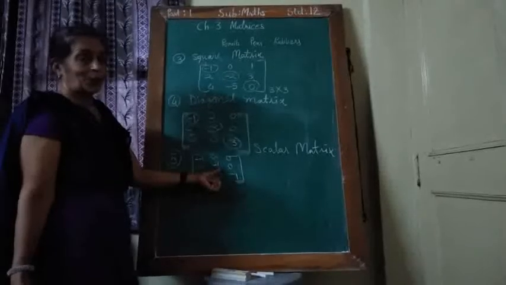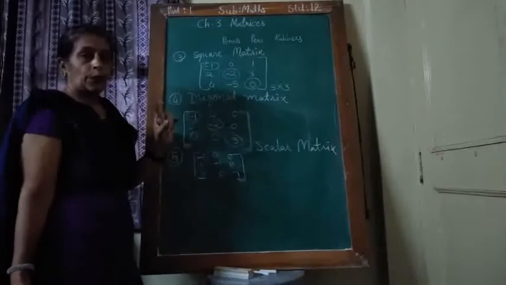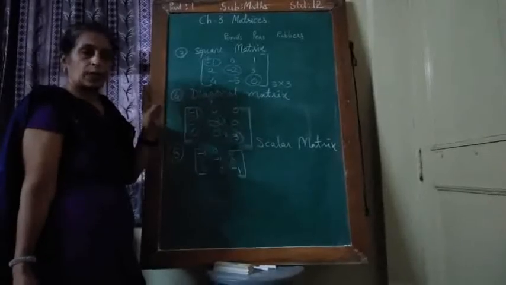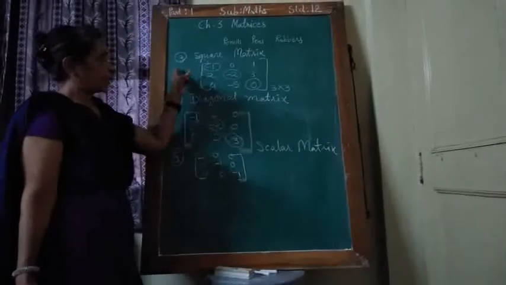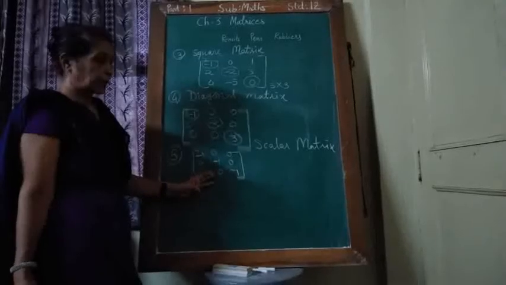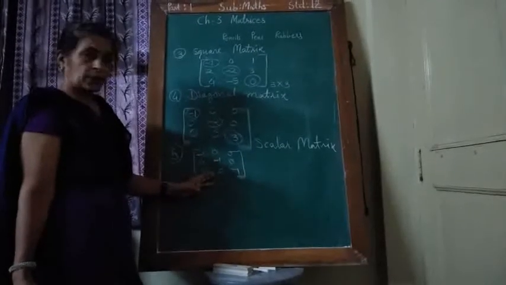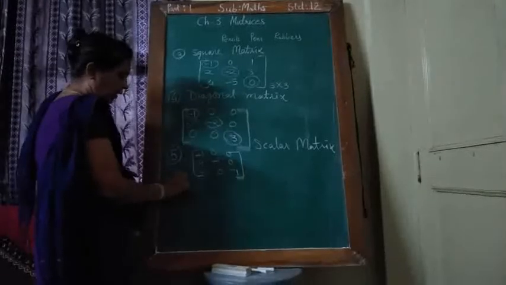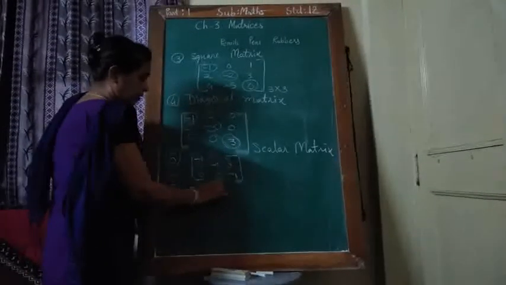See the difference. So today I have taught you: first, column matrix, 1 column. Row matrix, 1 row. After that, square matrix, diagonal matrix, scalar matrix. Clear? And after that, the sixth is the 0 matrix.